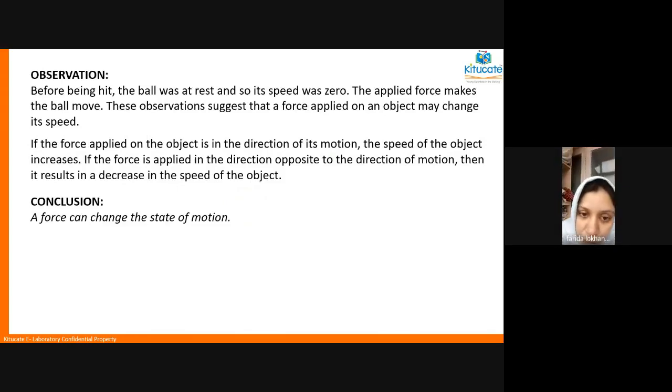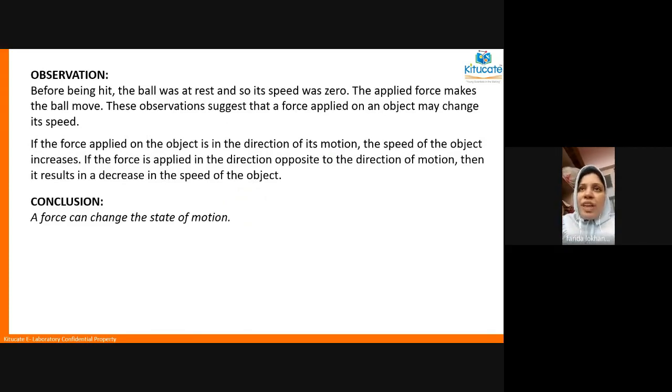Now, supposing the force was applied in the direction of motion, for example, if the ball was moving and you gave more force to it in the direction of the motion only, would you speed it up or would you retard it? Did you get my question?